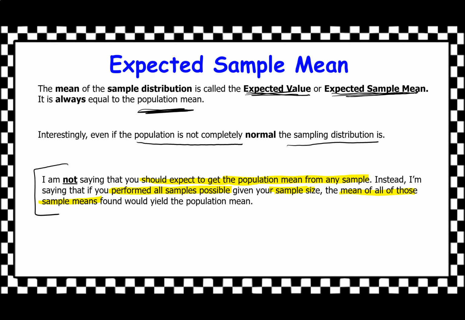Let's read that again. I'm not saying that when you go out and you sample a group of people that you'll get the population mean. What I am saying is that if you performed 1,000, 1,000,000, 1,000,000,000 samples, and then you graphed your averages from those samples, then looking at that graph, the mean of those results from your sample means would yield the population mean.